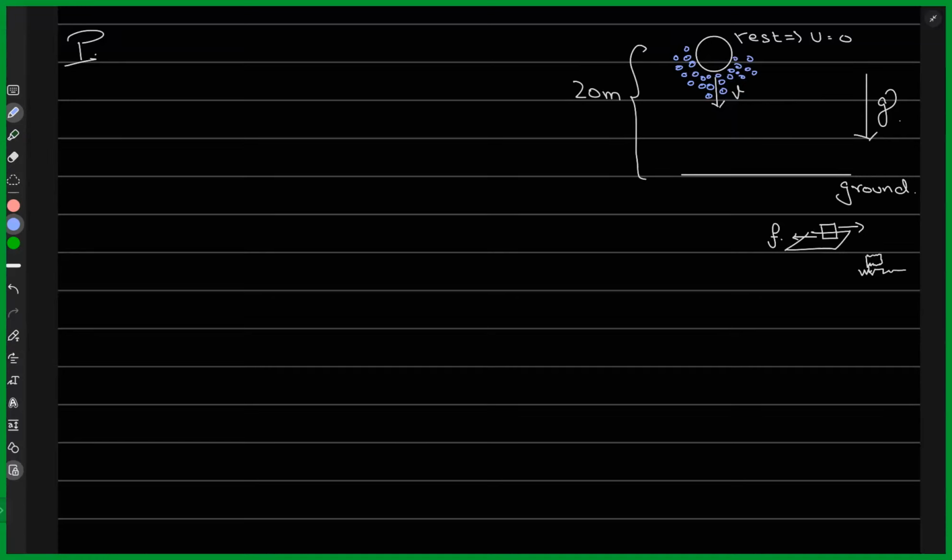When it does that, it transfers some of its energy to these molecules, and therefore it slows down. That is air resistance. These molecules are providing a resistive force to this ball, and so it slows down.